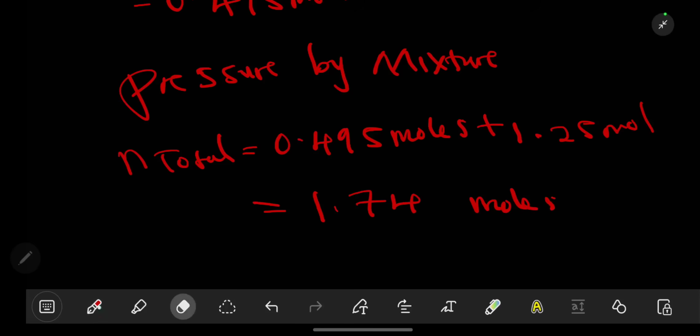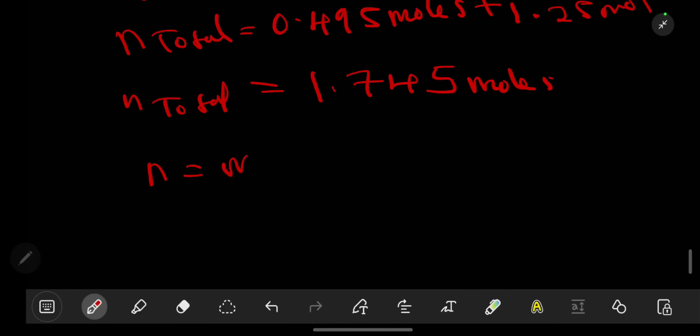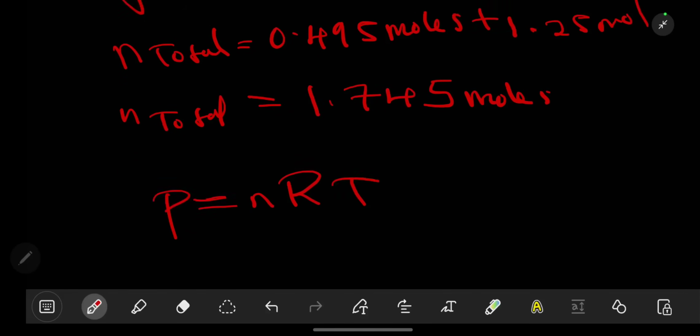Therefore, if this is the total number of moles, we are going to replace with our N total. We have found the number of moles using the ideal gas law, if we have been provided volume and all that. So using this, you can now calculate the total pressure using the total number of moles.